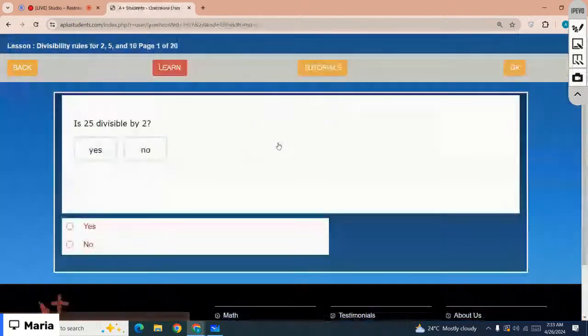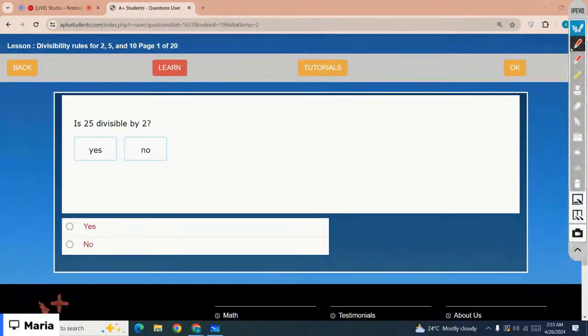Okay, is 25 divisible by 2? Now you have to apply the divisibility test for 2. For every digit, the divisibility test is different. The divisibility test for 2 is that the ones digit must be 0, 2, 4, 6, or 8.